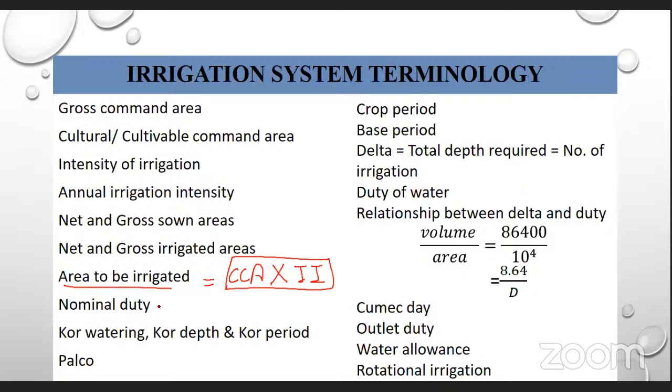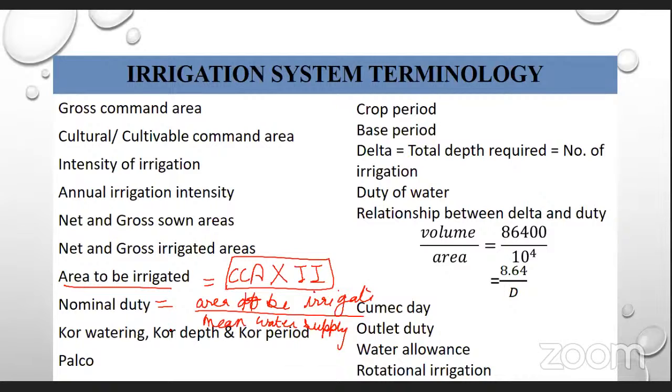Then we have the nominal duty, and nominal duty is usually the ratio of the area to be irrigated divided by the mean water supply, or you can say the mean supply discharge during the base period.